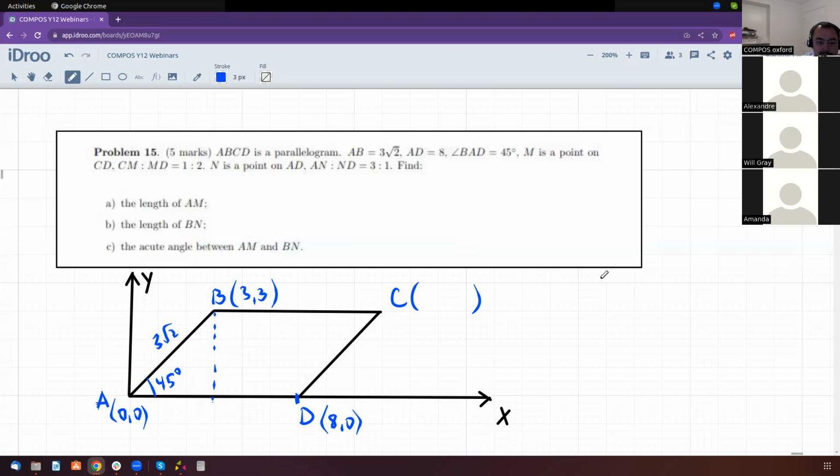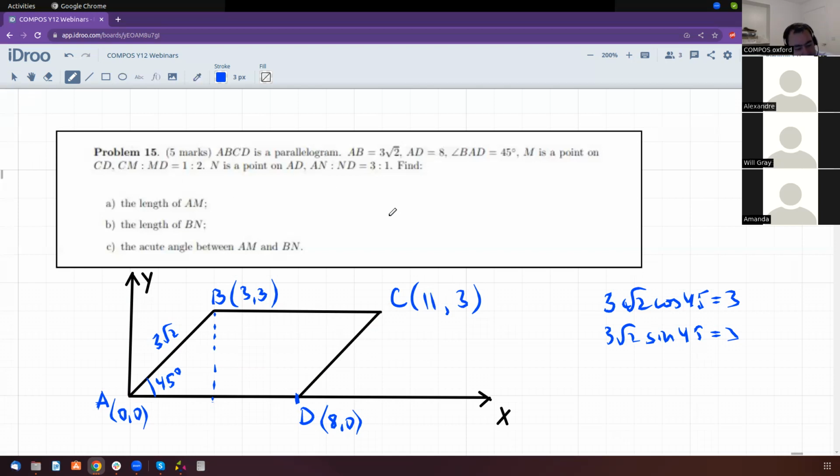So I'm just going to write this separately. 3 square root of 2 cos 45 is 3, and 3 square root of 2 sine 45 is also 3. So hence this is going to be 3, and 8 plus 3, 11.